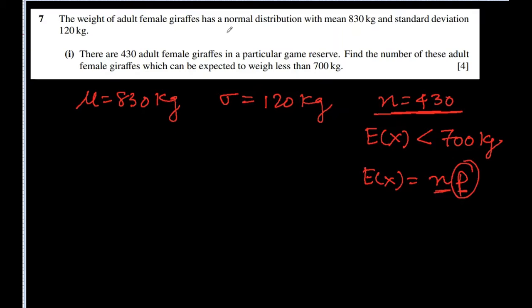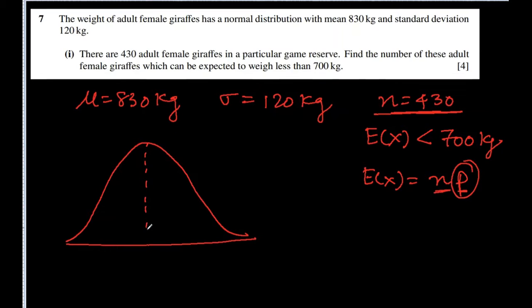So we will use normal distribution to find the probability that a giraffe weighs less than 700 kg. So let's draw the situation on a normal distribution graph first. I always recommend please draw it so visually we can find how to go about it.